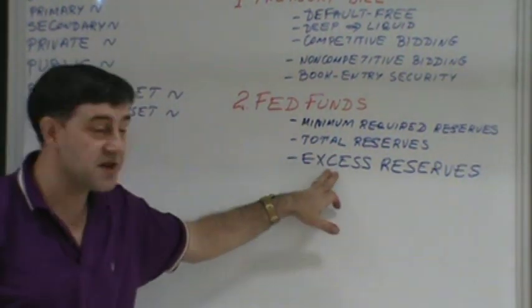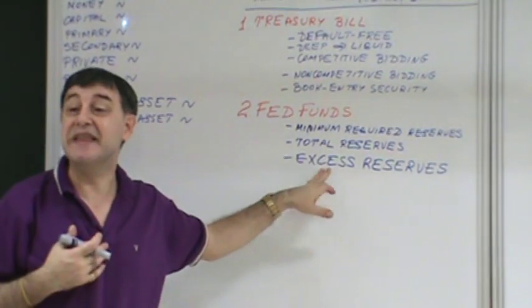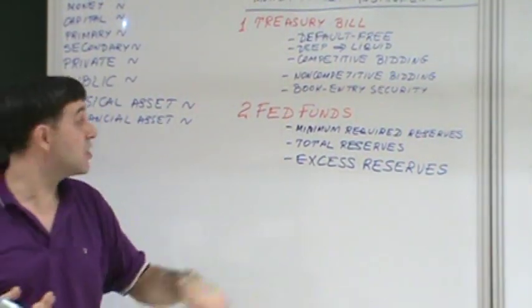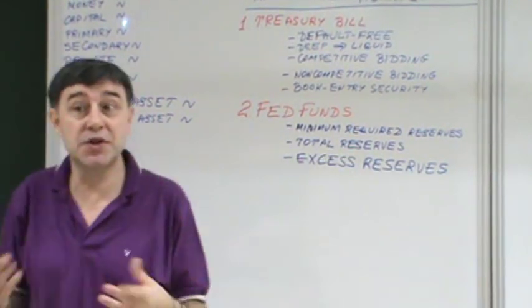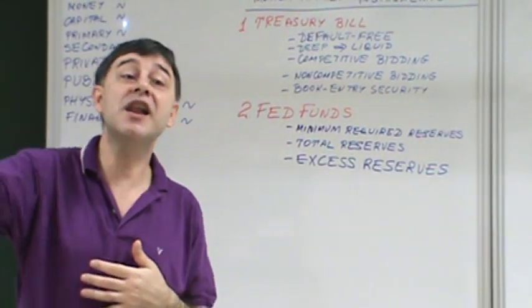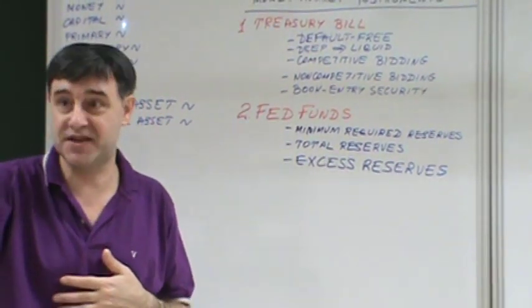They simply have excess reserves. These are reserves which they actually have, but they don't need because they're not required by law to have. And what they will do is simply lend them to somebody else, somebody who needs them.